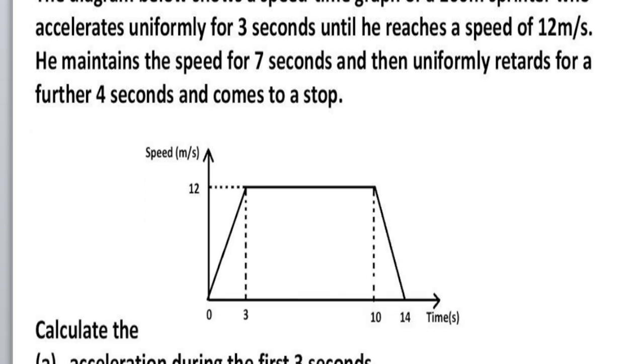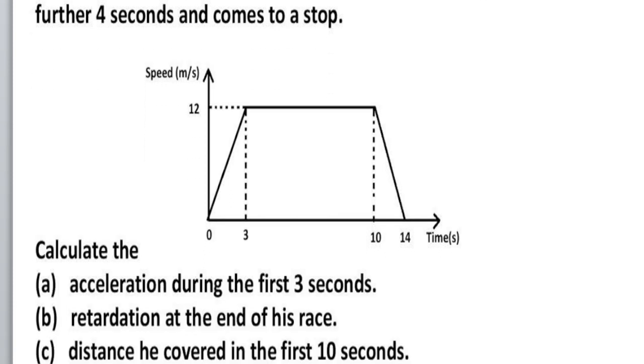Now let's look at the questions. First question, calculate the acceleration during the first 3 seconds. Remember, acceleration is given by final velocity minus initial velocity over time. Acceleration will be equal to the final velocity here was 12. Then the initial velocity there is 0.